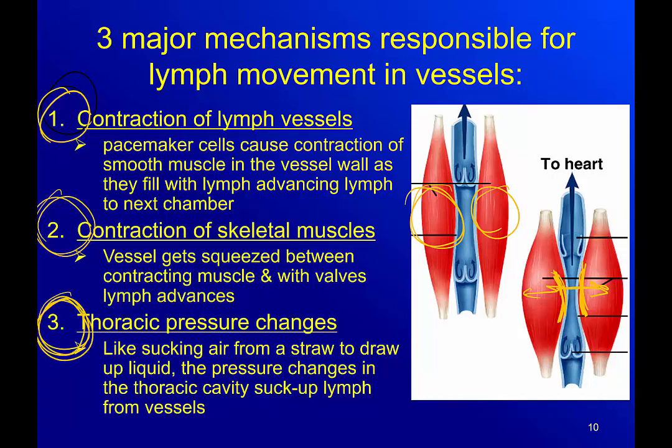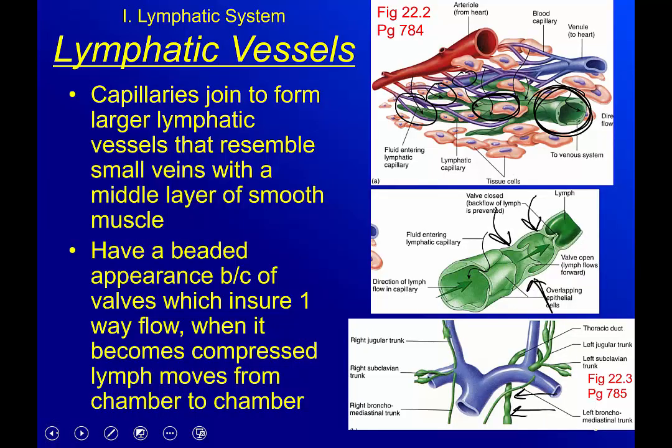Thoracic pressure changes. Your thorax, where your lungs and your heart are, is a sealed system. So if you take a breath in, you're creating a vacuum in that space. Now I'm going to go back for a second. This drop-off point with those trunks that we talked about is actually in that thoracic cavity.